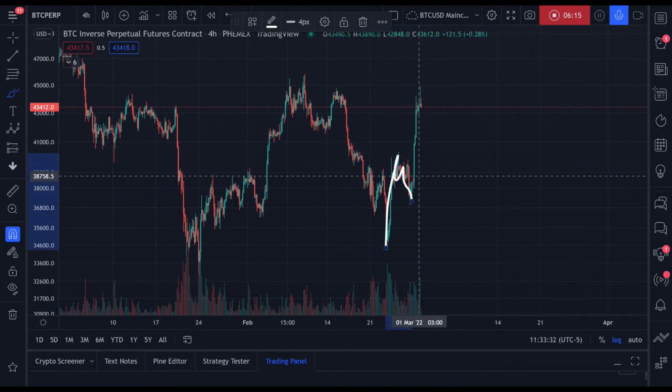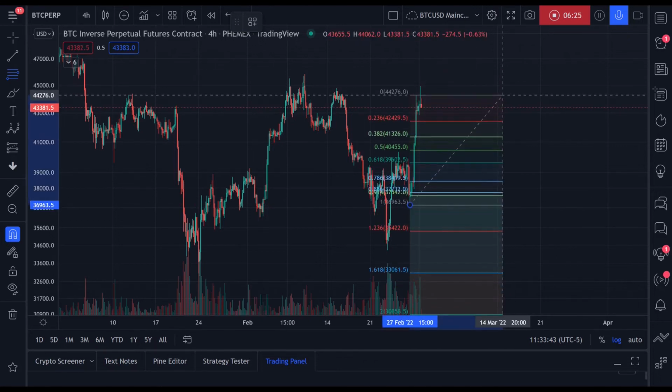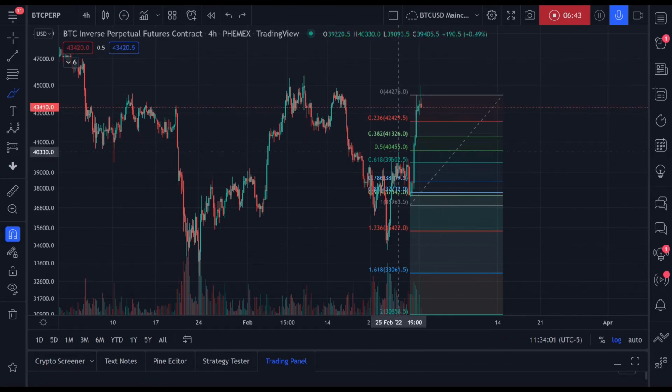If you're not clear, this is what I'm seeing. Wave 1, this was wave 2, this was wave 3, okay? So just so we're clear, the bottom of wave 2 to the top of wave 3, right? And the top of wave 3 is actually here because I'm seeing this higher high as a B wave. So I'm measuring from the bottom to the top, and I'm seeing that the 382, which is the maximal retracement of wave 4, is at 41.3.